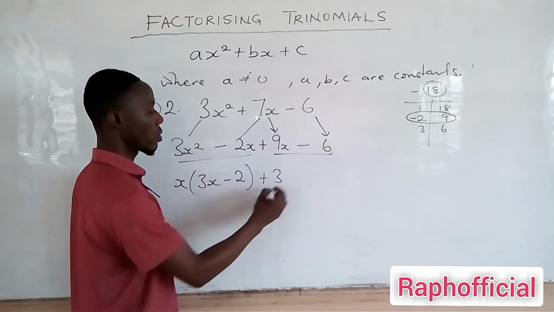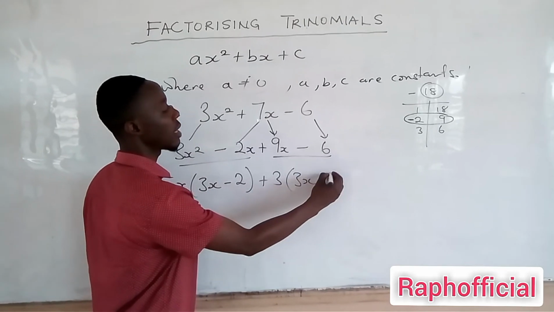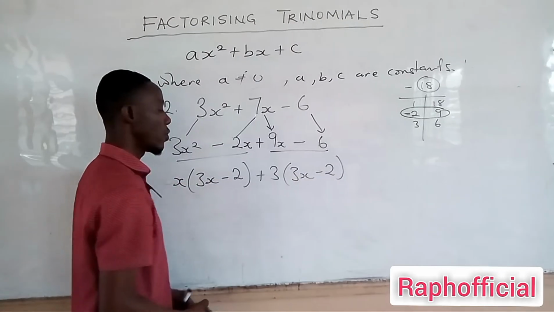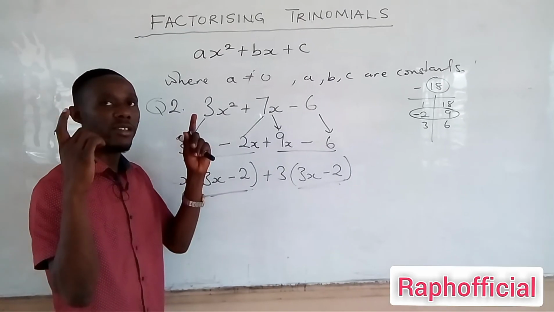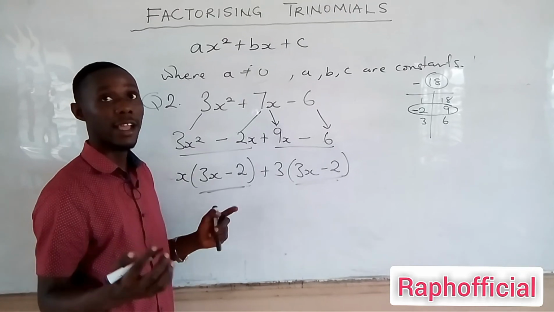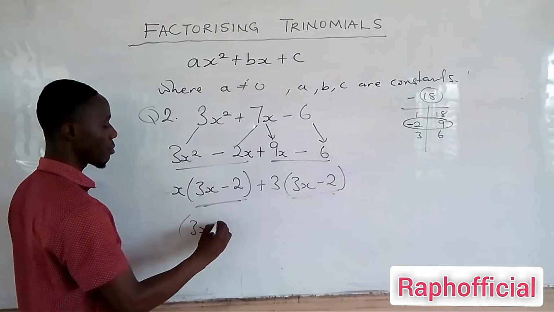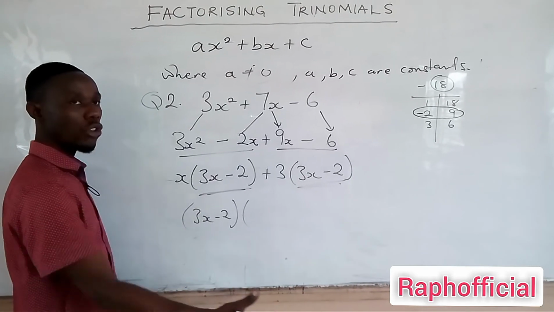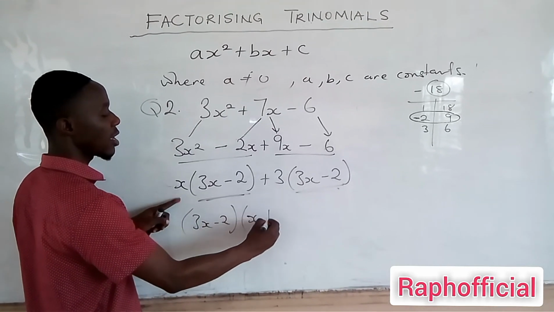So 3 out, left with 3x minus 2. Now let's check again. You can see that they are the same. Those in parentheses, always, they will be the same. Since they are the same, it's a factor. Therefore, I can bring it out. We have 3x minus 2. Then those outside the parentheses, we have x plus 3.